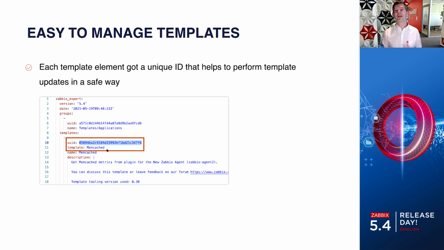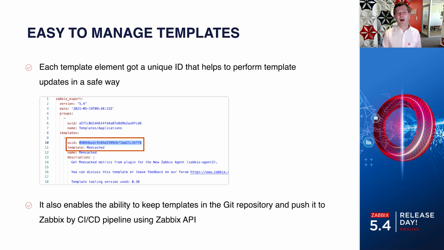So Zabbix could easily understand what item we are trying to update, what item no longer exists. Is it a new item, or we want to make adjustment to an existing item? And it simplifies work with the template very much.